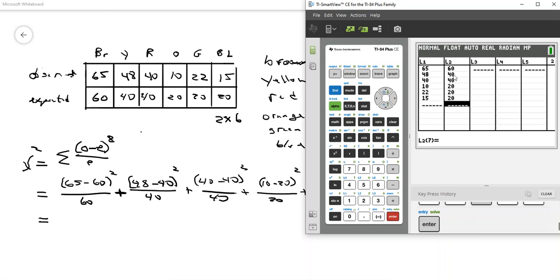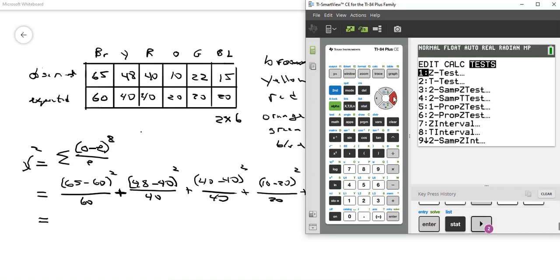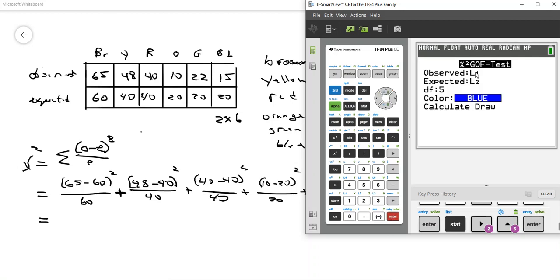All right, let's go back to Stat, Test, Goodness of Fit Test, Enter. L1 and L2 are observed and expected. Degrees of freedom is 5. We figured that out: subtract 1 from rows, subtract 1 from columns, and multiply. 1 times 5 is 5.